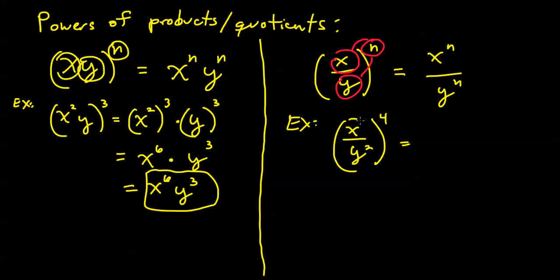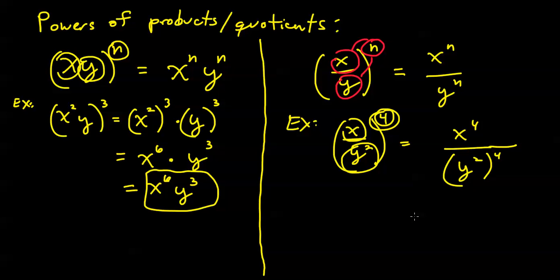So I'll get x to the 4th power, and downstairs y squared to the 4th power. And of course I can simplify that a bit further, x to the 4th power in the numerator, and downstairs y squared to the 4th power is y to the 8th power. And that'll be my final answer for that example.